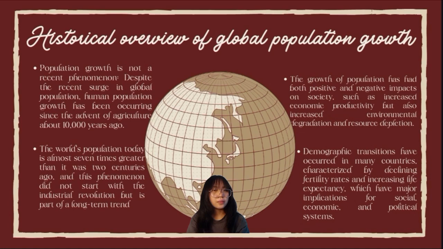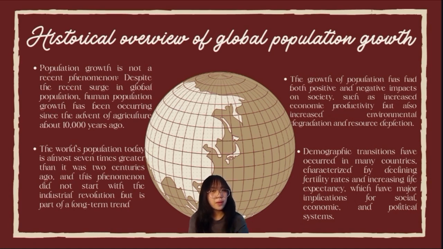With the development of agriculture, people could produce food more efficiently, leading to a significant increase in population. This growth was slow at first, but with the development of better farming techniques such as irrigation and crop rotation, the population continued to expand.